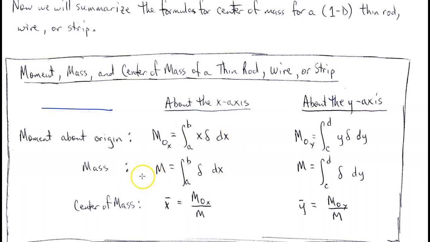The system mass is just going to be the integral from a to b of the density times dx. And of course, center of mass is just going to be the quotient of the moment and the mass. Now, if we're looking at everything in terms of the y-axis, which means we're looking at everything vertically, then instead of having x's, we would have y's. And that's pretty much all there is to that.